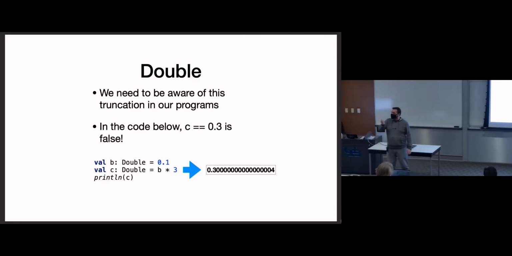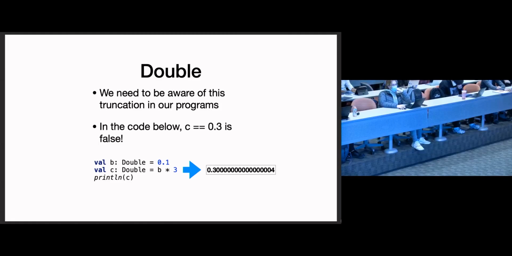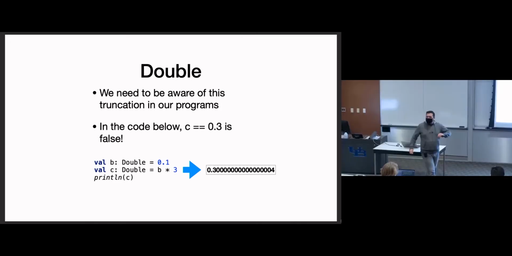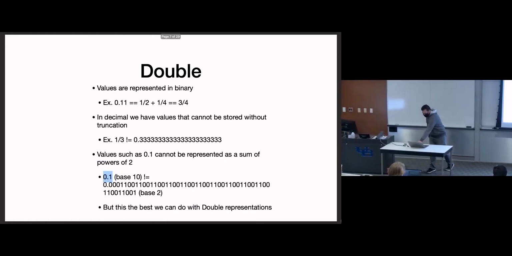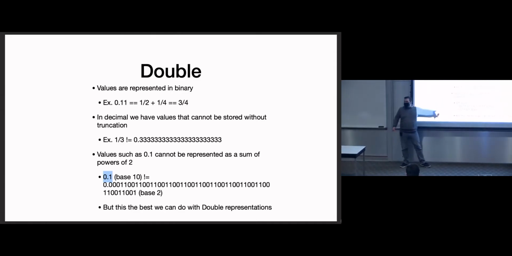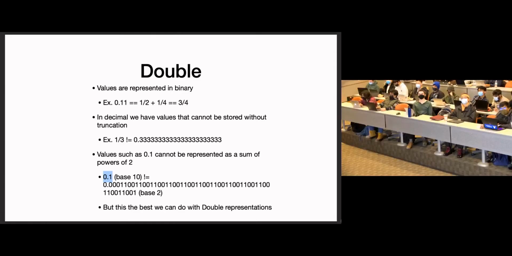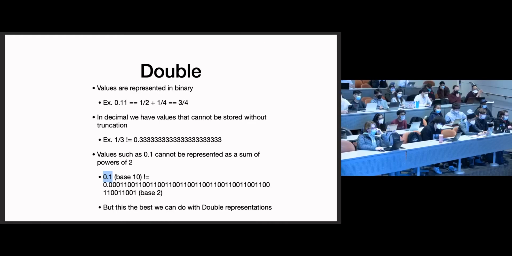Question? Yeah, what's up? So when we're programming, we're using base 10, right? The computer is analyzing it with binary. Yes, exactly. So when you're coding, you'll always type 0.1 here. You'll always use base 10 when you're coding. But when that's actually stored in the hardware of the machine, the computer can only speak ones and zeros. That's all the computer can understand.